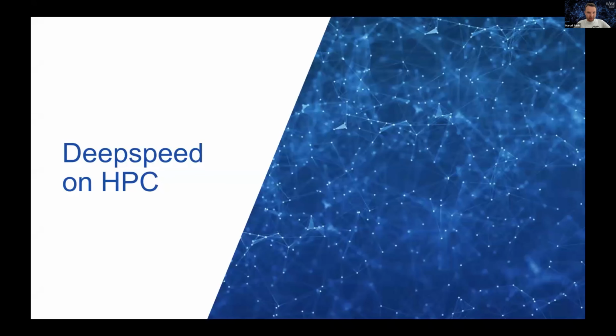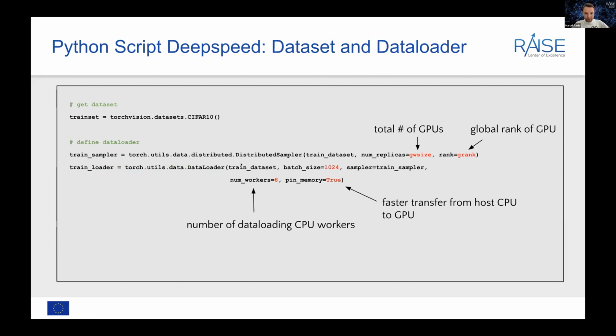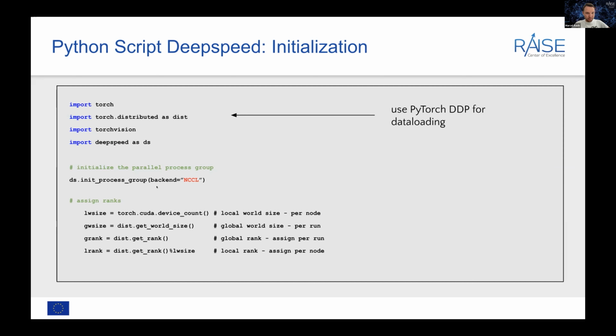Okay, the last framework is DeepSpeed. And DeepSpeed builds a lot of its distributed stuff on top of PyTorch DDP. So again, for the initialization, we import the distributed backend of PyTorch, but then also DeepSpeed. Again, we do the initialization where we need to define the backend, which is, again, the NVIDIA communications library.